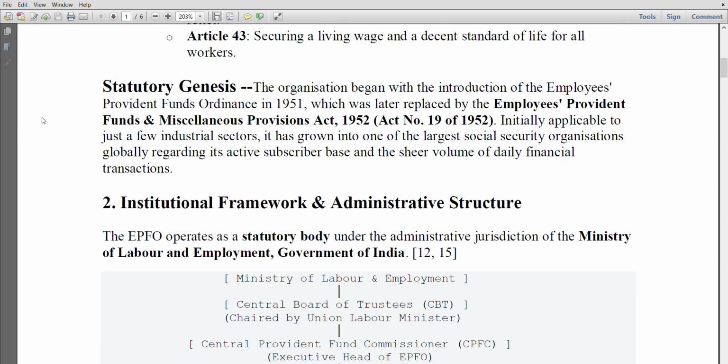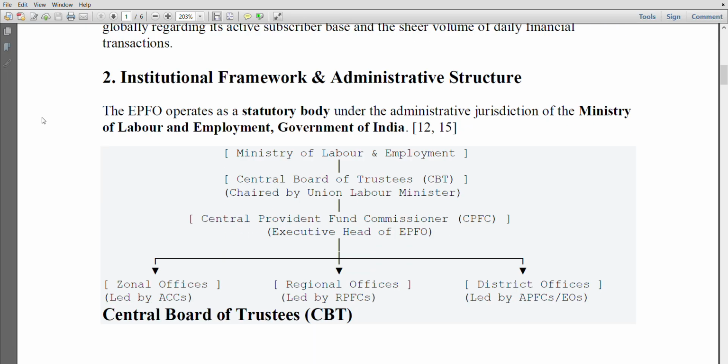Second heading is institutional framework and administrative structure. The EPFO operates as a statutory body under the administrative jurisdiction of the Ministry of Labour and Employment, Government of India. So we have this flowchart: Ministry of Labour and Employment, under which comes the Central Board of Trustees, CBT, which is chaired by the Union Labour Minister, under whom we have the Central Provident Fund Commissioner, CPFC, who is the executive head of EPFO.